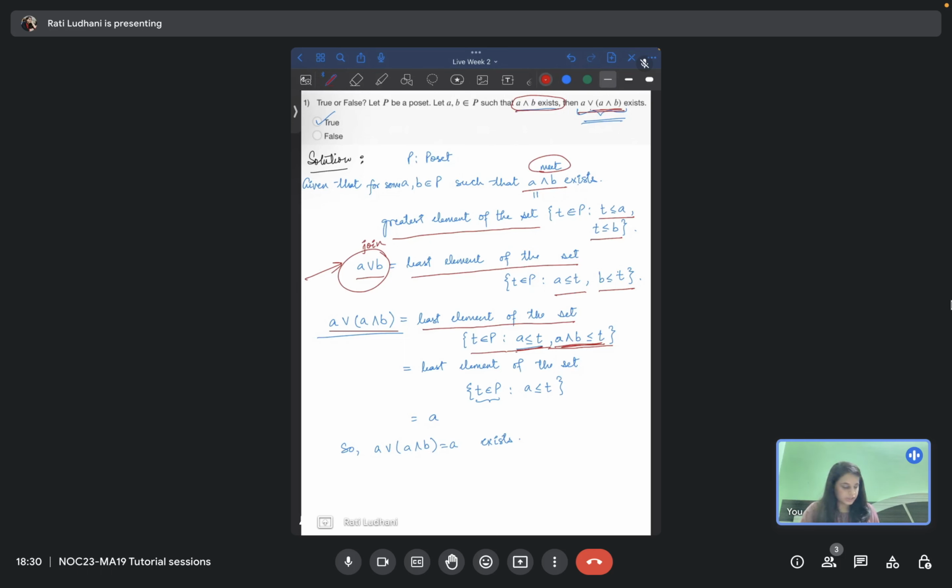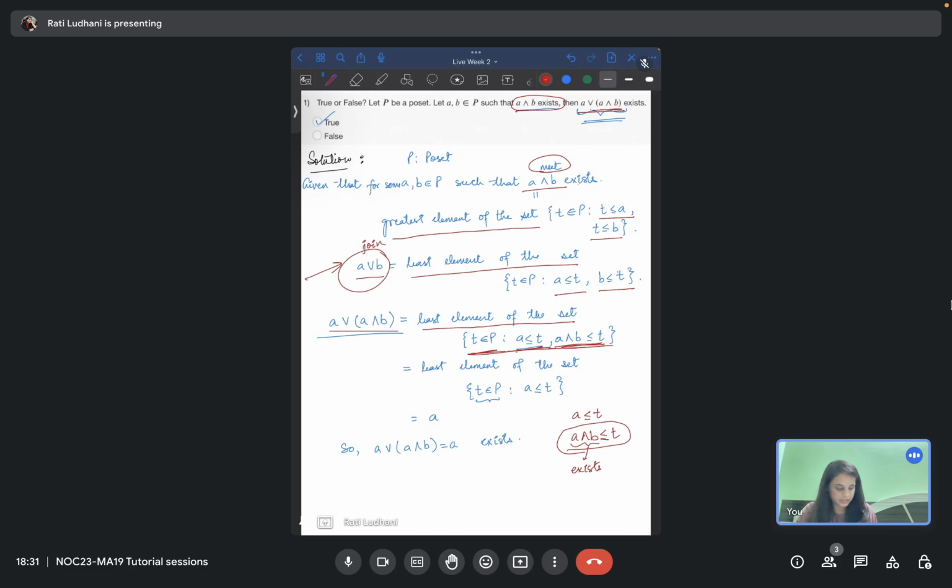Now what can you say about this set? Just observe what is going on here: a is less than or equal to t and a meet b is less than or equal to t. Firstly, this makes sense only if this element exists, because if there is no element of such kind, we are not saying anything.